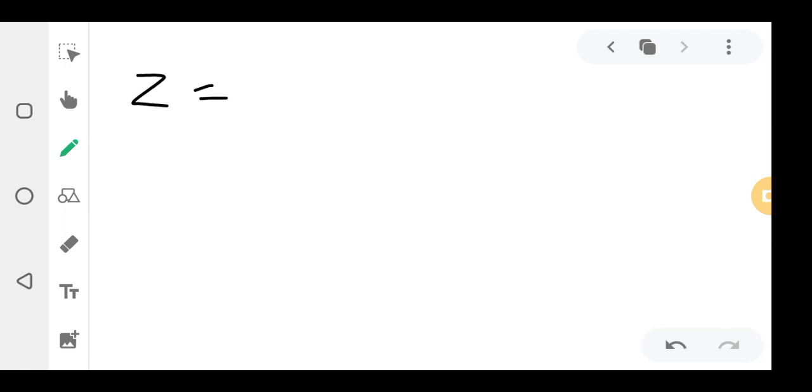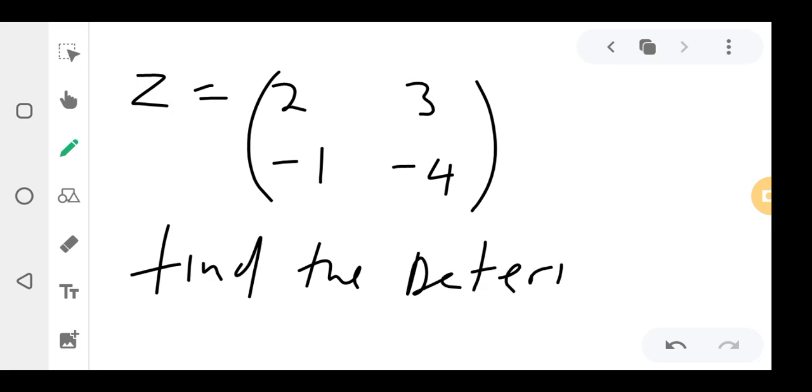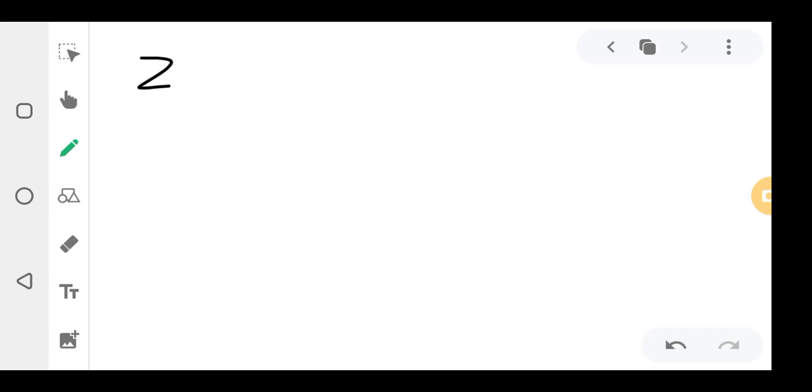Sometimes they can bring matrix Z. It is equal to 2, negative 1, negative 3, negative 4. Okay? And then they ask you, find the determinant of Z. Okay, so let's list Z, the matrix.